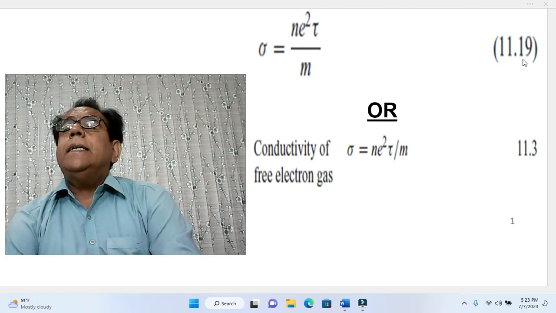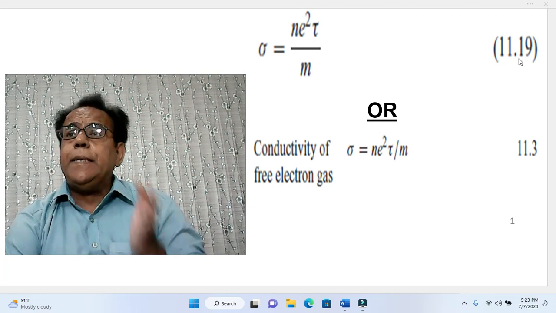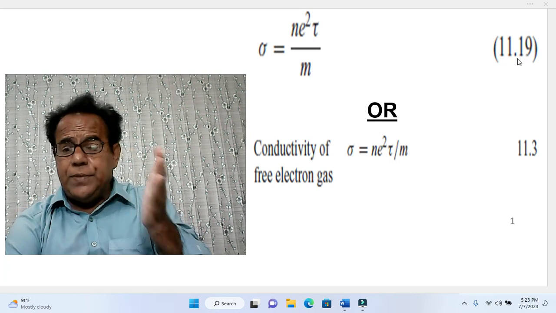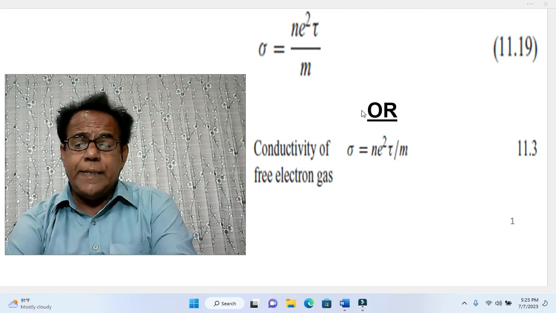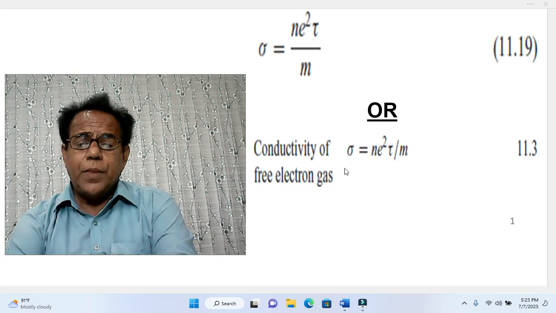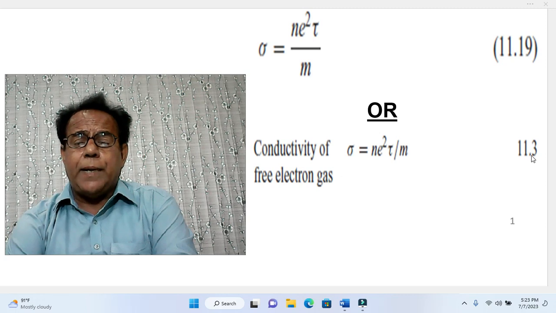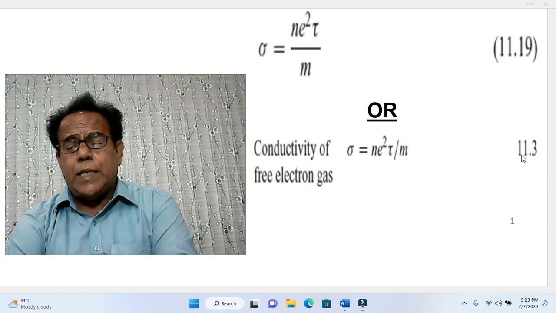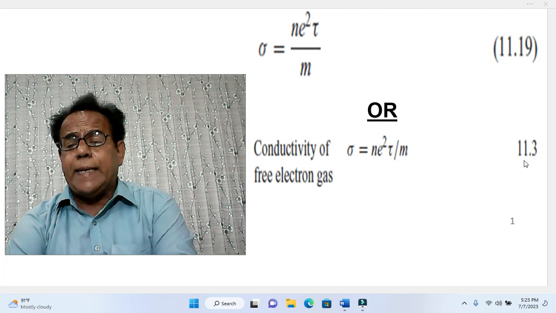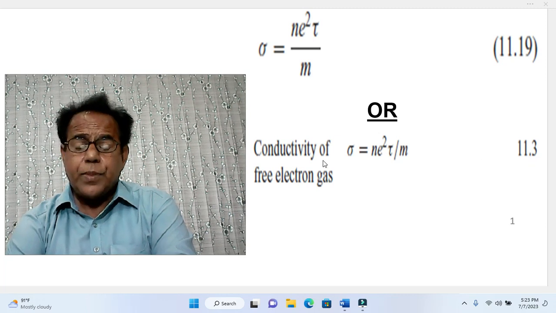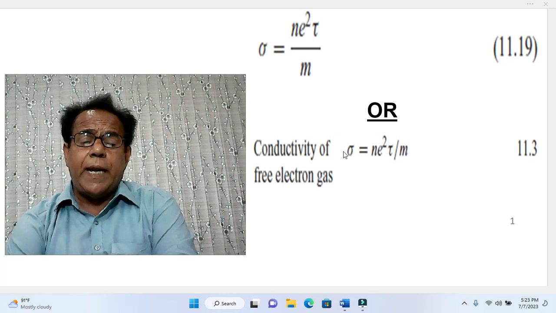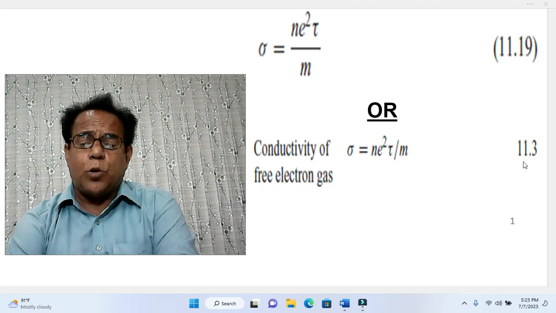Rho is equal to n e squared tau over m, equation number 11.19, has been taken from in between the chapter, while its alternate version, which is not actually equation number 11.3, indicates that this snapshot has been chosen from the summary given at the end of the 11th chapter of Modern Physics by Kenneth S. Crane.